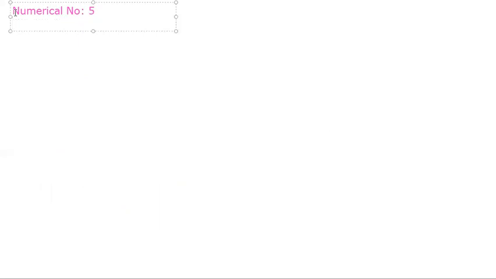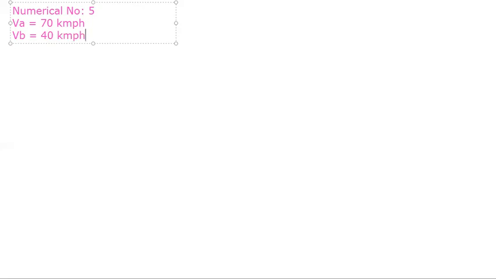So what is this numerical number 5? Numerical number 5 is calculating the overtaking sight distance for the velocity of the overtaking vehicle, that is VA, equal to 70 kmph, and the velocity of the overtaken vehicle, that is VB, equal to 40 kmph.